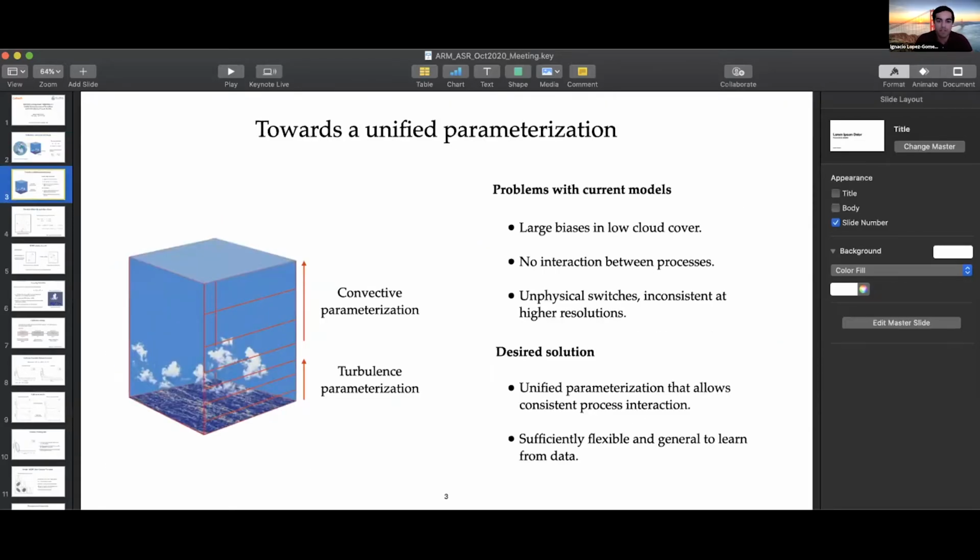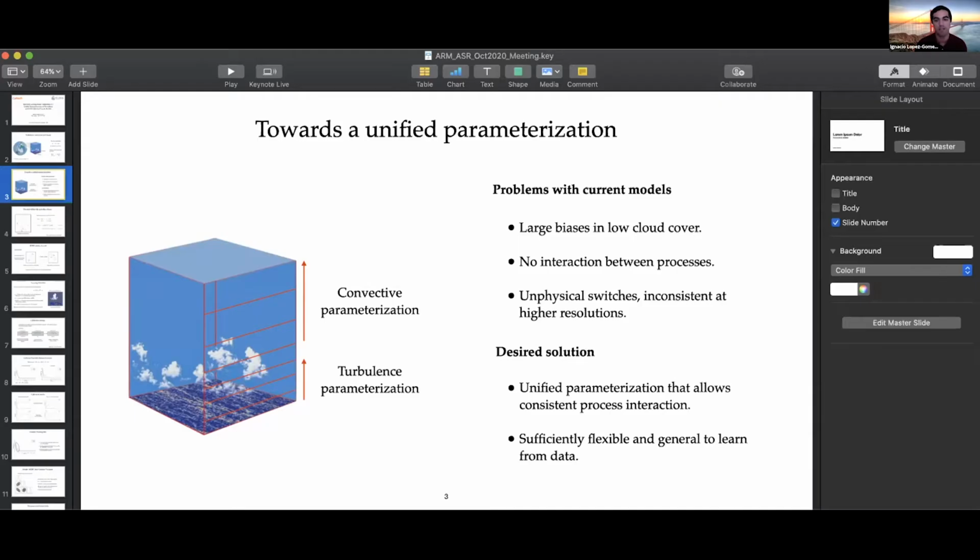Now, of course, parameterizations of turbulence and convection already exist in climate models, but the main problem is that there are still large biases associated with low cloud cover in climate simulations, and part of those biases can be tracked back to these parameterizations. So some of the causes of the error in these parameterizations may be due to the fact that there's no interaction typically between processes in these parameterizations.